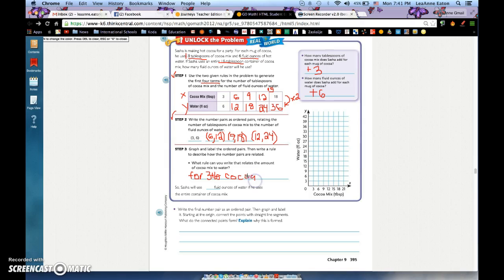Cocoa, that's an O, by the way. For 3 tablespoons of cocoa, what do we have to do? Multiply by what? By 2.